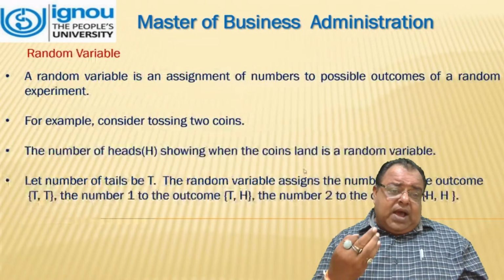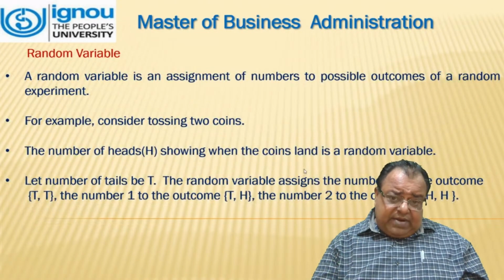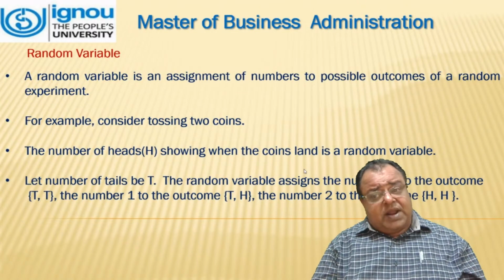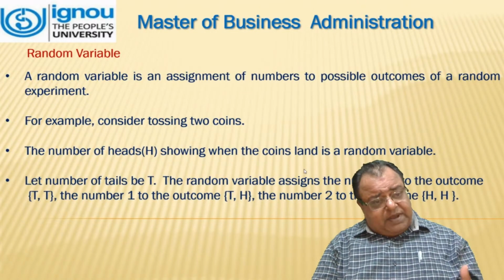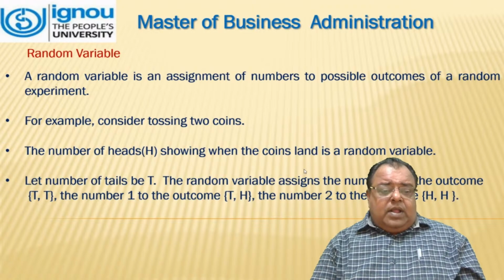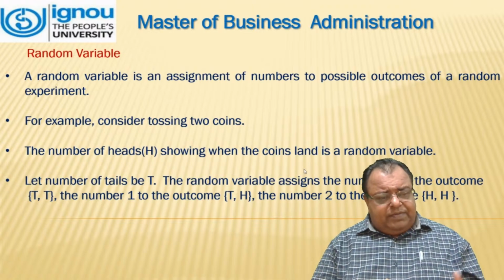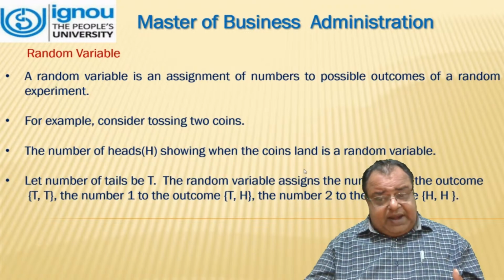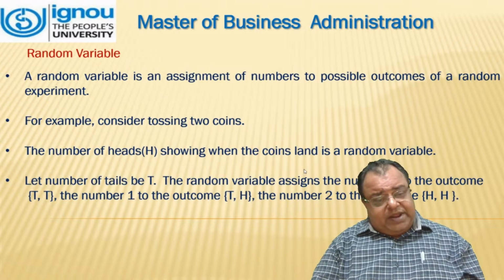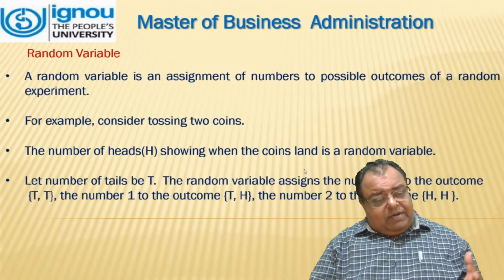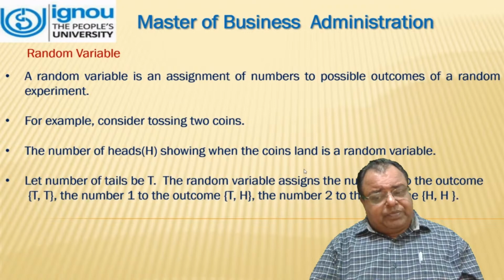Then a random variable is an assignment of numbers to possible outcomes of a random experiment. For example, consider a toss of a coin, which is a simple example. The number of heads showing when the coin lands is a random variable, and the number of tails is given by t.